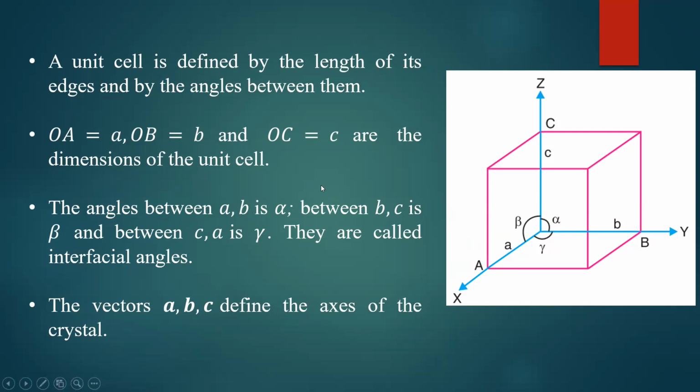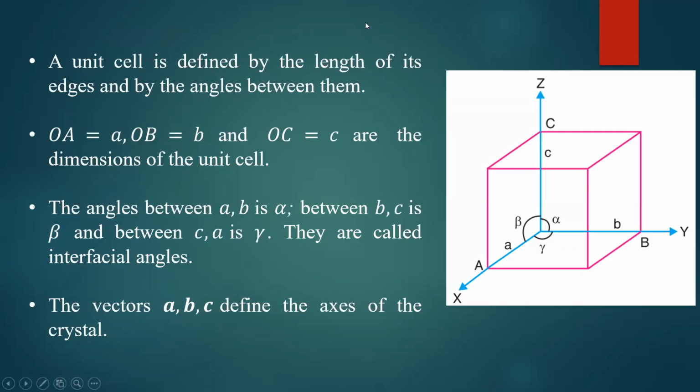Repetition of the unit cell you can do along A, B, C direction, that is along X, Y, and Z direction. Dimensions and structure of the crystals are defined using the properties of the unit cell, that is by dimensions and the interfacial angles. Remember this. So the primitive lattice cell we'll consider in the next class.